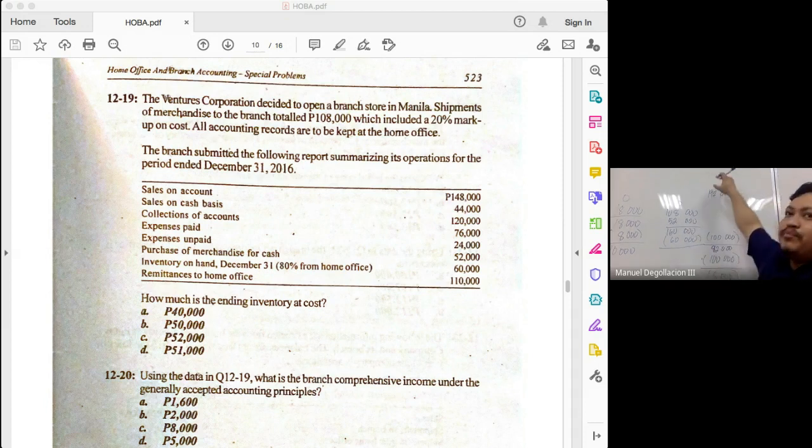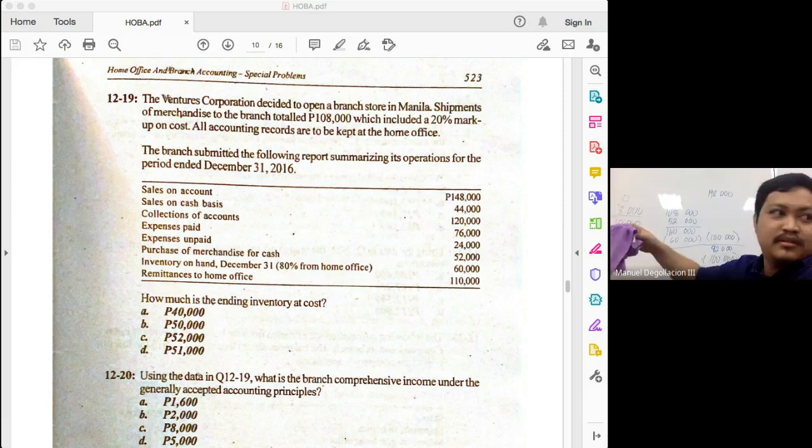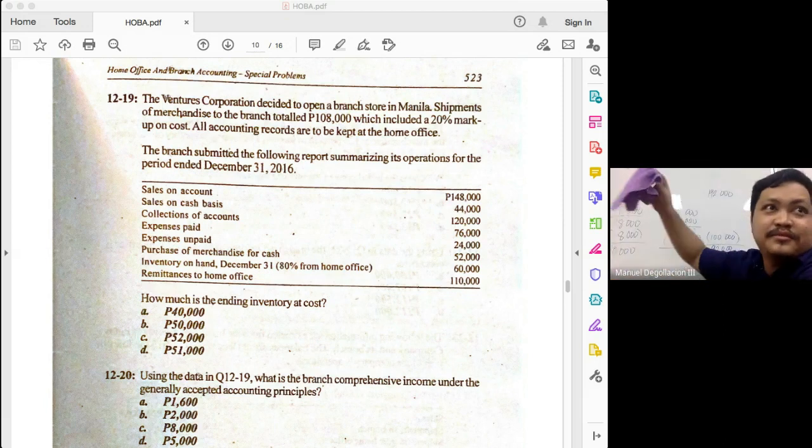What do I mean? You still begin with the sales of 192,000. Still solve for cost of goods sold. Okay, beginning inventory 0.